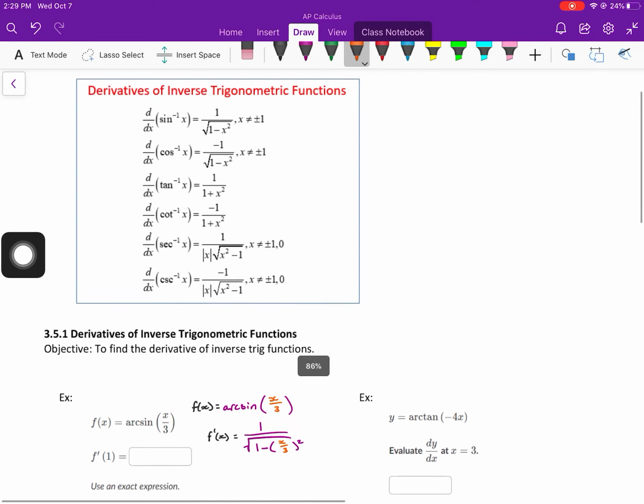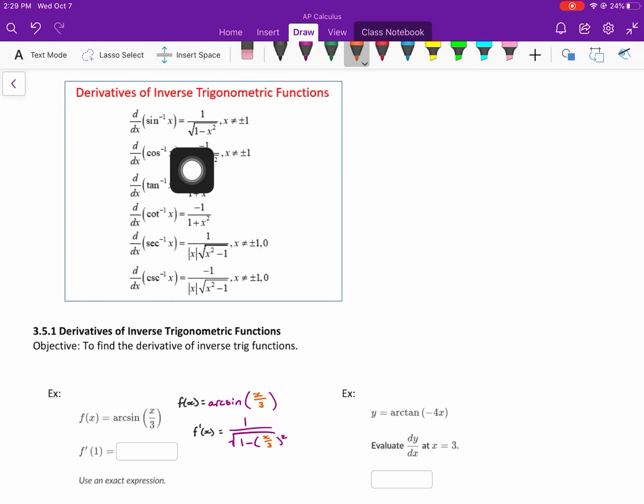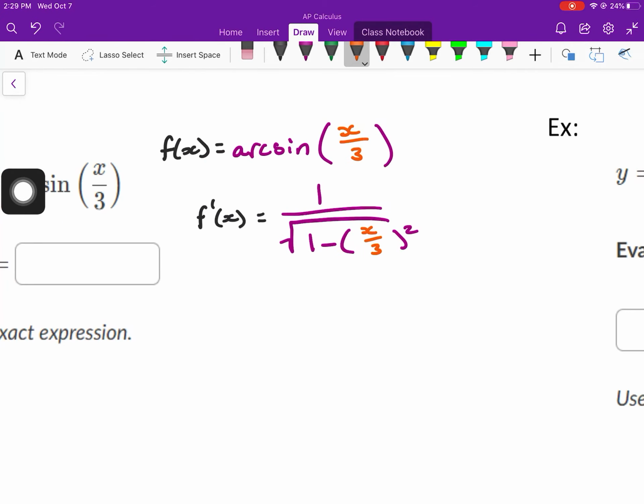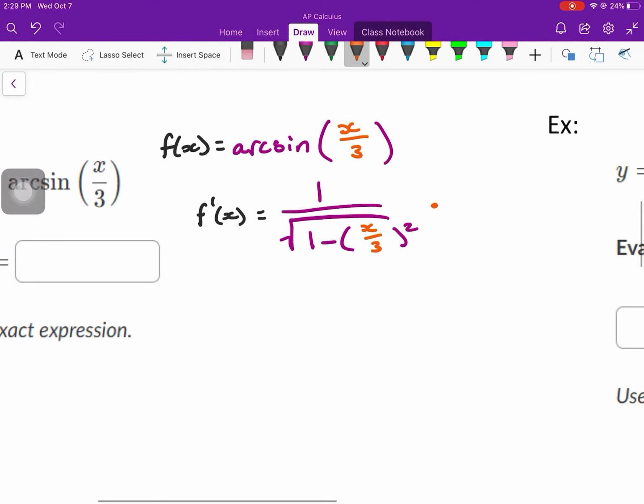So you have to be careful of the chain rule. We need to take the derivative of x over 3. Now some people get confused by that, but the derivative of x over 3 is the same thing as the derivative of 1/3 x.